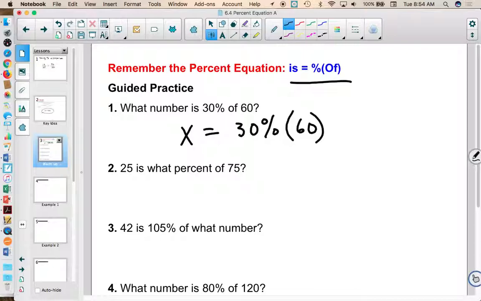Because the word of typically tells us to multiply. If I was going to put that in my calculator without using the percent symbol, what would I put in? X equals 0.3 times 60.